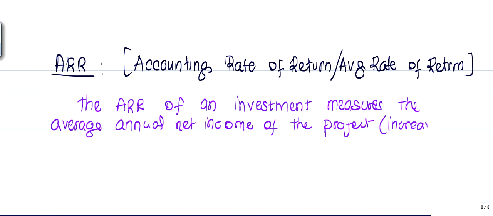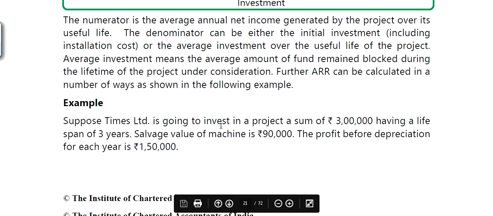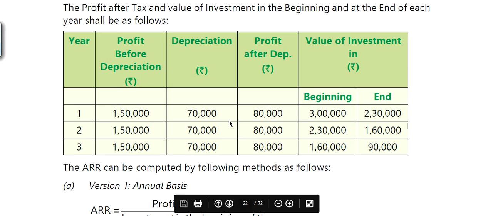It is usually incremental income. So what it shows is average annual net income as a percentage of the investment. We'll see an illustration so that you can understand better.